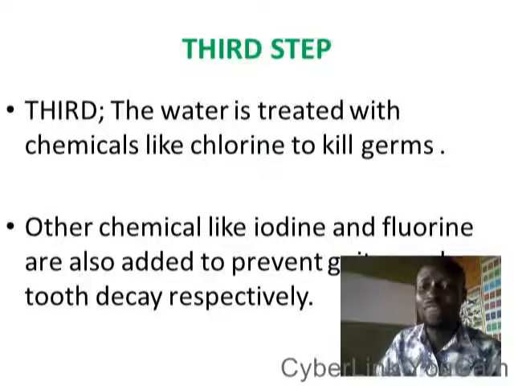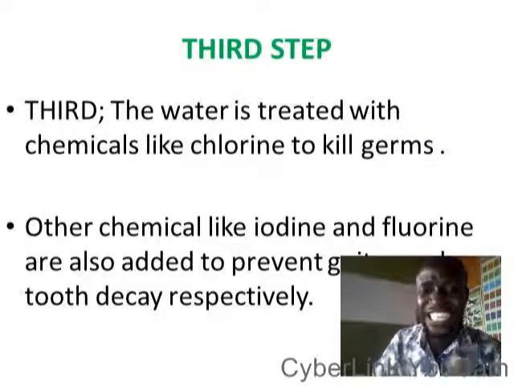Iodine will prevent goiter. Goiter is swelling in the throat, the respiratory tract being swollen and protruding out of the neck. And fluorine will prevent tooth decay. As you can see, even in the toothpaste you use, read the content, fluorine is there in order to prevent tooth decay.